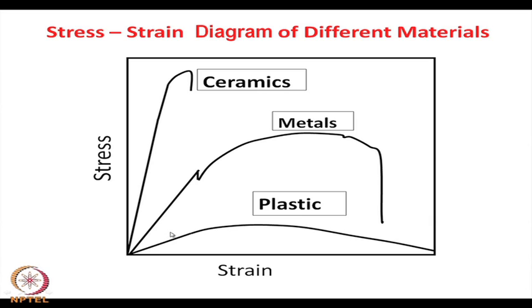There are 2 kinds of strain. One is what we call the elastic strain, the straight line portion of the curve. If you apply the stress up to this point, then there is a reversal. That means it springs back to its original size as soon as the stress is removed.